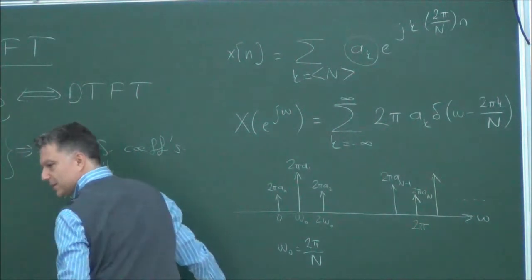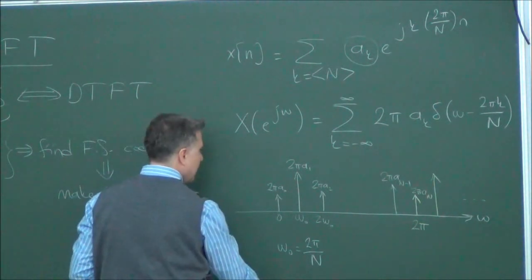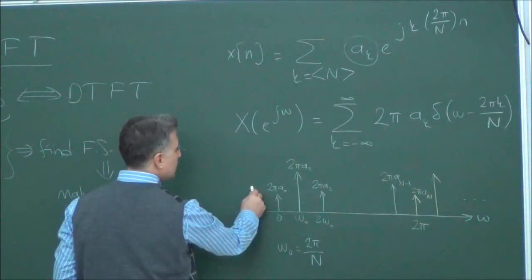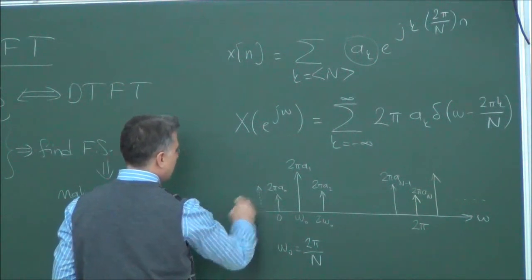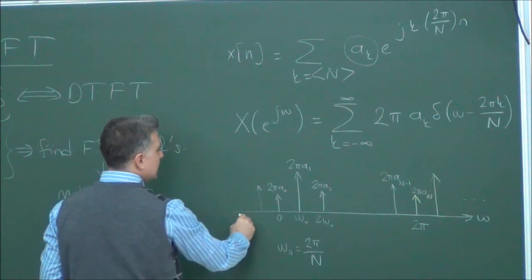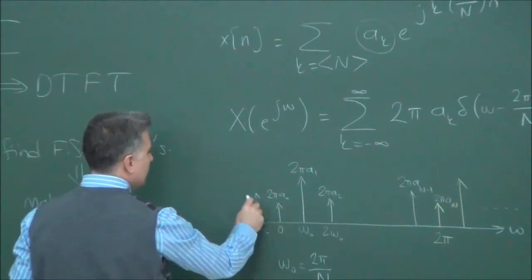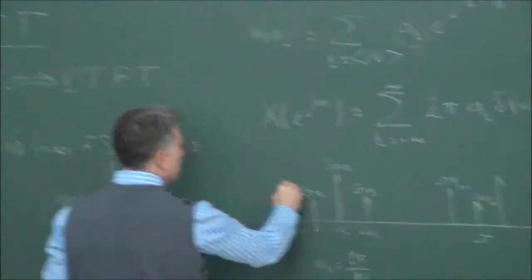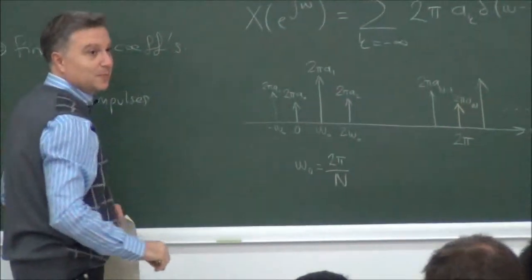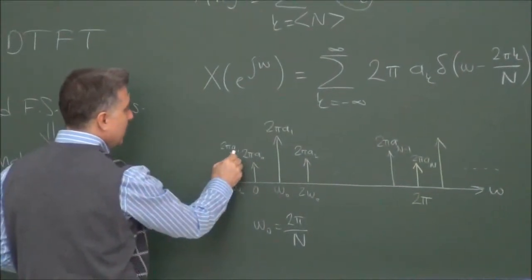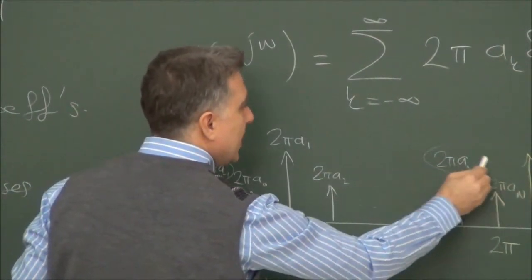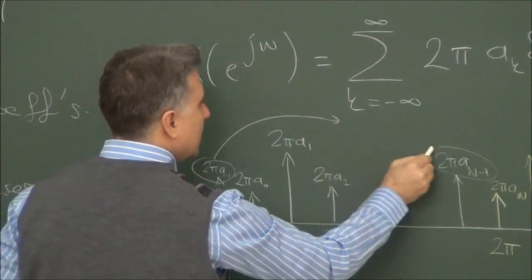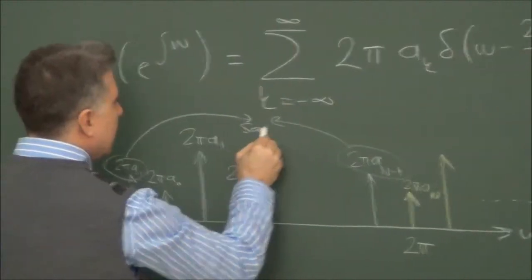I should have a different color, but I don't have it now, so I will try to indicate it like this. Here there's an impulse at minus omega 0, and the value is 2 pi a_(minus 1). But this 2 pi a_(minus 1) is the same as 2 pi a_(N minus 1). These two are the same.